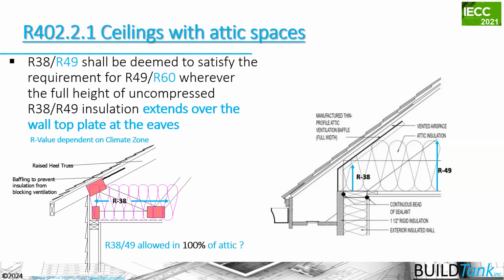It has to be installed at the depth of material to achieve whatever R-value you have proposed to put in that piece of the assembly. Because prescriptively, yeah, it says I can go from an R60 attic in climate zone 5 to an R49, but I might use a performance compliance approach where I'm proposing to put R30 out there, or maybe R19, or whatever it is. So there are two requirements here.